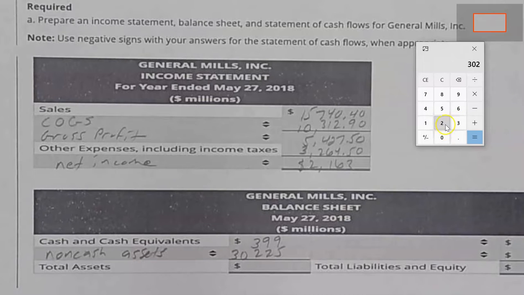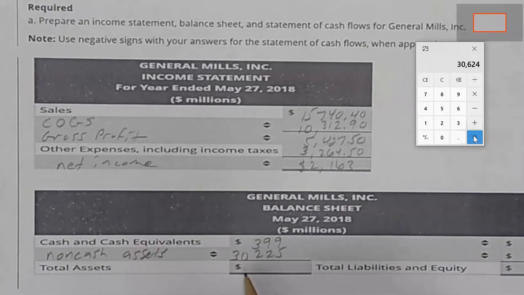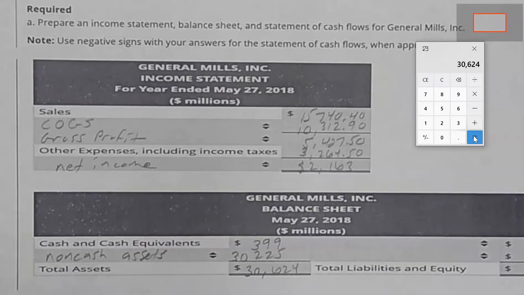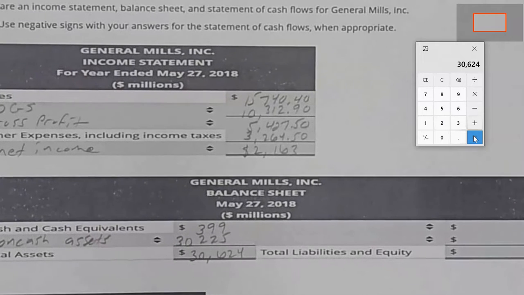We can take the 30,225 non-cash assets and add to it the 399 in cash and cash equivalents. And we're going to come up with 30,624. Okay, 30,624 total assets. All right, now I'm going to move around a little bit.